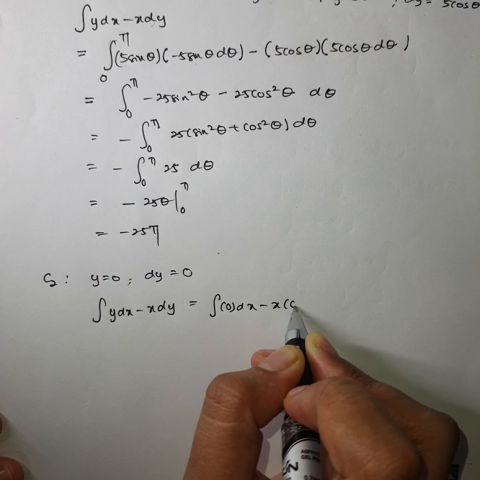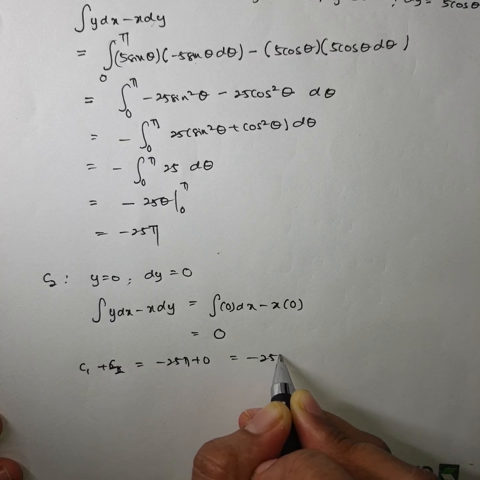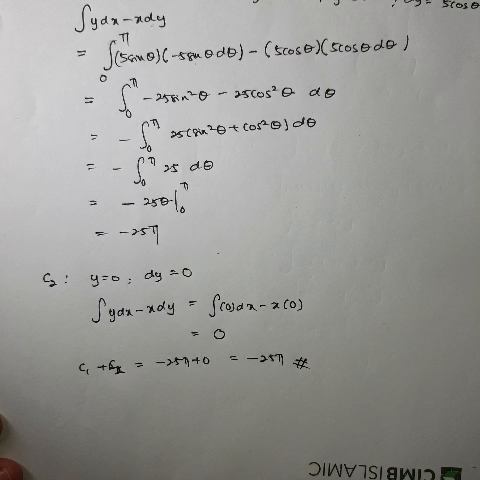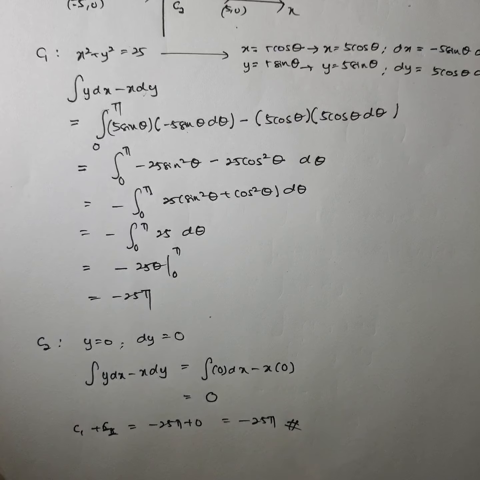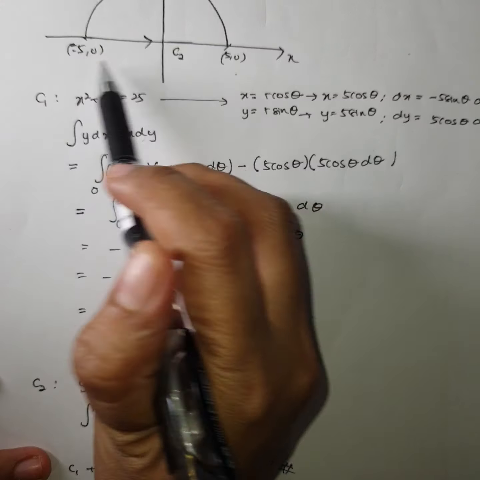So you'll have your path here, the work done is 0. So C1 plus C2. The overall for this one is negative 25 pi plus 0. So in this case, it is negative 25 pi. So this is your result without using Green's theorem. Okay, coincidentally this one is zero because you have the x-axis.